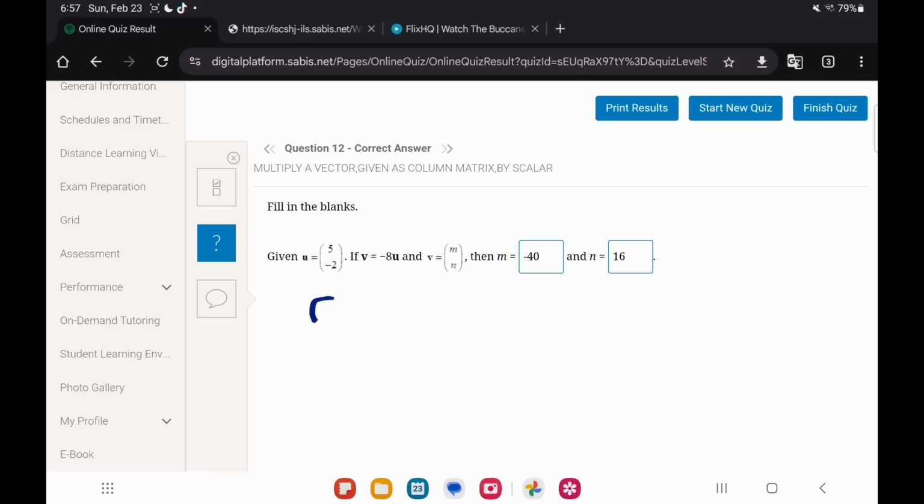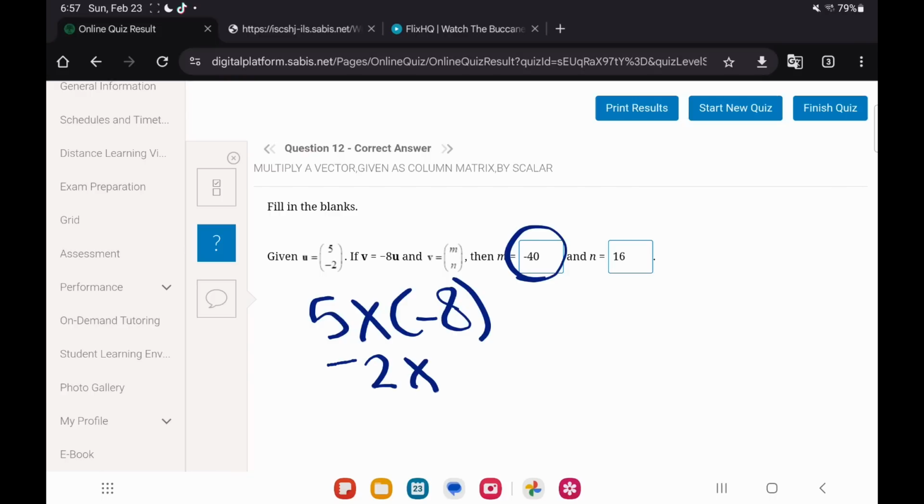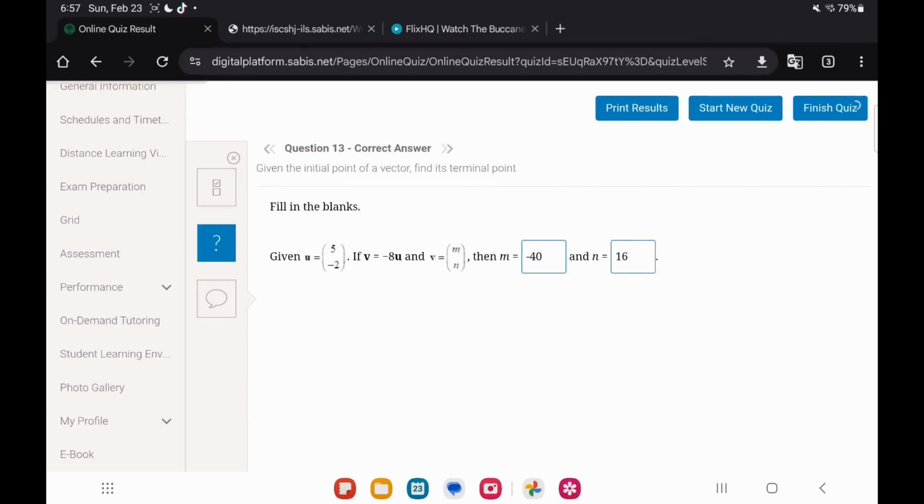So 5 times negative 8, you get negative 40. And then minus 2 times minus 8, you get 16. And that's as simple as it is. I know it looks so confusing, but it's so simple. Now the next 4 questions are also new. Not the same way to solve it, but they're new questions, okay?